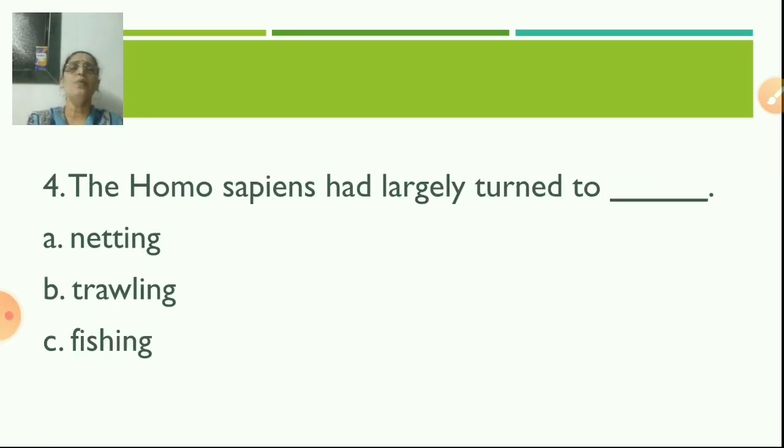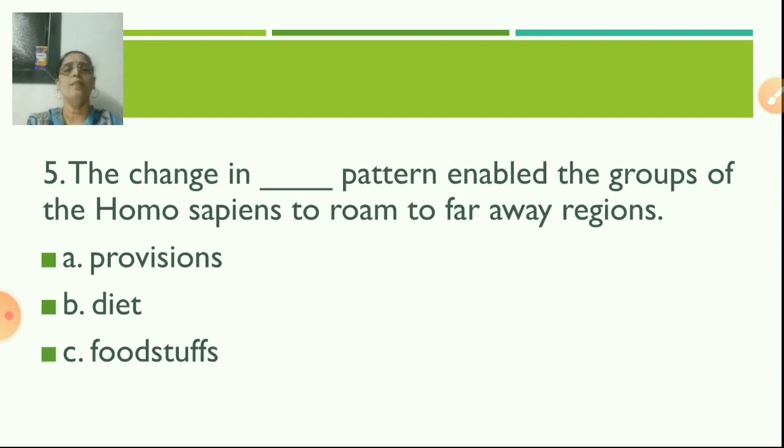Okay. Now the next one. Fourth, the Homo sapiens had largely turned to dash. Options are A. Netting, B. Trawling, C. Fishing. And your answer is C. Fishing. So students, the Homo sapiens had largely turned to fishing. Okay. Now the next. Fifth, the change in dash pattern enabled the groups of the Homo sapiens to roam to faraway regions.